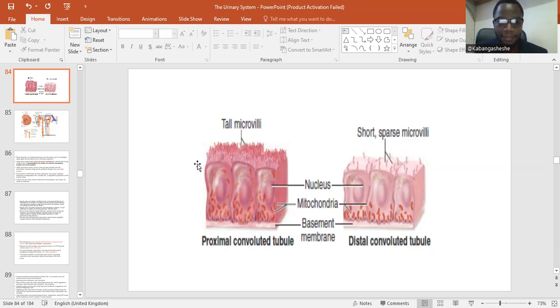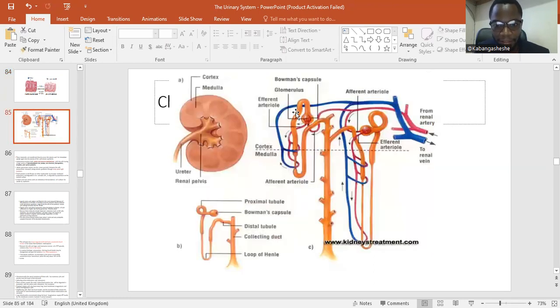Same thing here. These two parts, the proximal and the distal, are made to be convoluted to allow enough time for selective reabsorption to occur so that all the useful material that was filtered can be transported back into the blood vessels. At the same time, all the non-useful material that was not filtered can now be transported from the blood into the renal tubules.